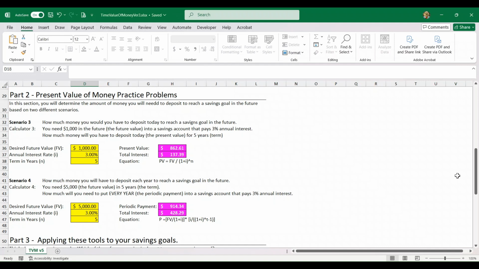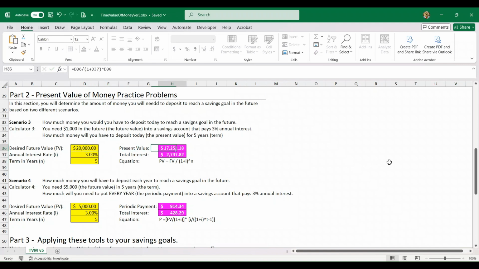So that would be a present value of money type of practice problem. So if I've got a need to have $20,000 5 years from now, I can use scenario number three's calculator and say, okay, I need to have $20,000. What interest rate do I think I can earn? And that's 5 years from now.